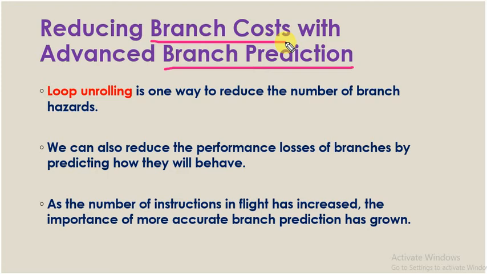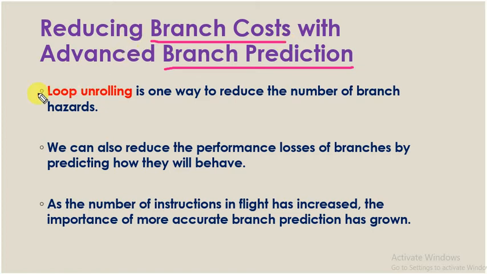So if we try to predict how the branch will behave, and accordingly perform the sequence of execution, we can reduce the branch cost. By reducing the branch cost, we can improve the parallelism.